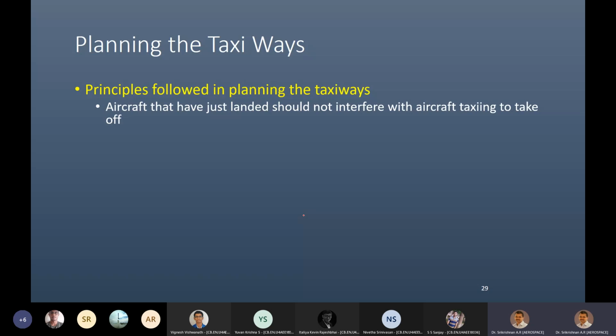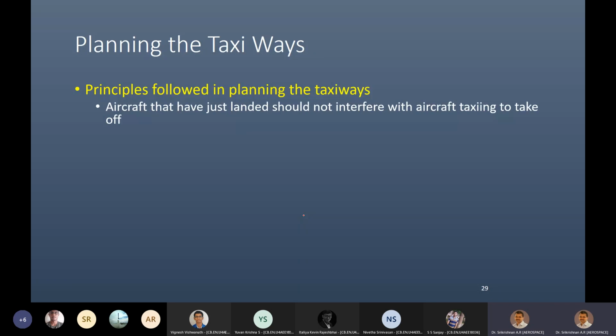One main important consideration is that the aircraft which has just landed should not interfere with the aircraft taxiing to take off. So this is an obvious requirement because you don't want a situation where an aircraft which has landed comes on the way of an aircraft which is getting ready for taking off.